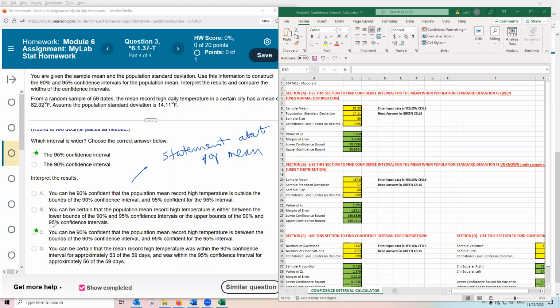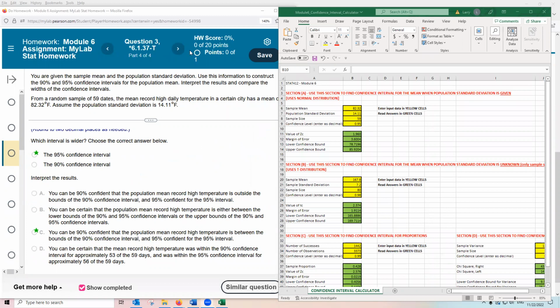And if you notice, answer C is you're 90% confident that the population mean is between the bounds. Notice answer D is wrong. Answer D is not making any statement about the population mean. And answer A is wrong because they're saying the population mean is outside the bounds. No, that doesn't make any sense. It's got to be inside the bounds.